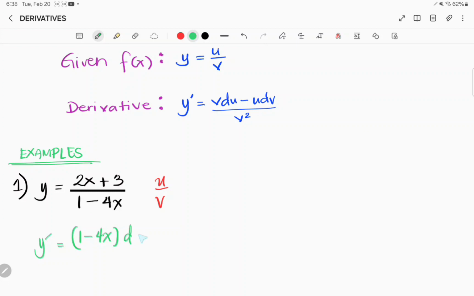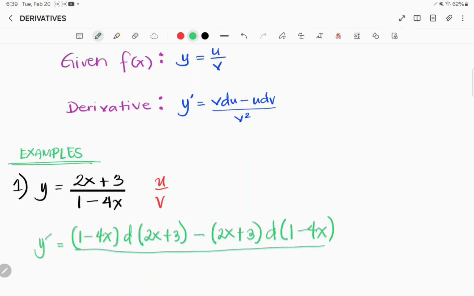And then we have to derive u, which is our numerator, 2x plus 3. Minus, here is minus, we have to copy u. Our u here is 2x plus 3. And then we have to derive v, which is our denominator, over the square of the denominator, which is 1 minus 4x. So that should be squared.